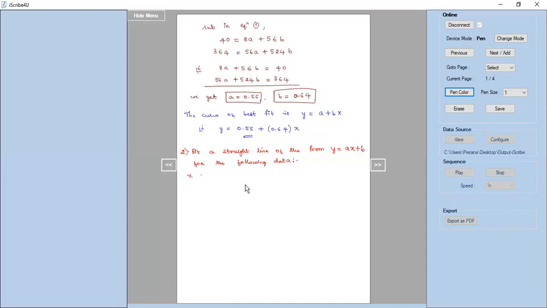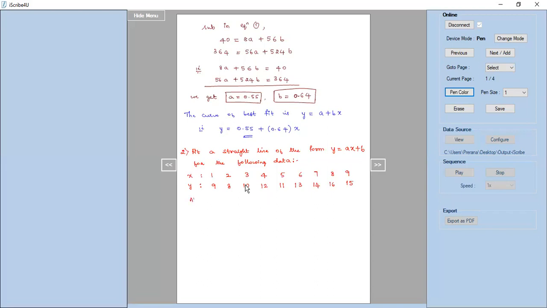So I'll write down the given set of values of x and y first. X values are 1, 2, 3, 4, 5, 6, 7, 8, 9. Respective values of y are 9, 8, 10, 12, 11, 13, 14, 16, 15.